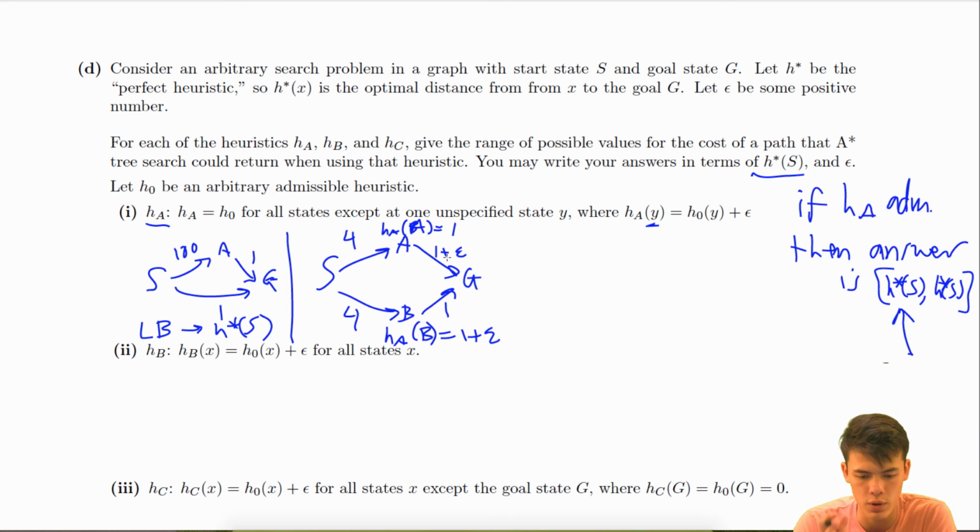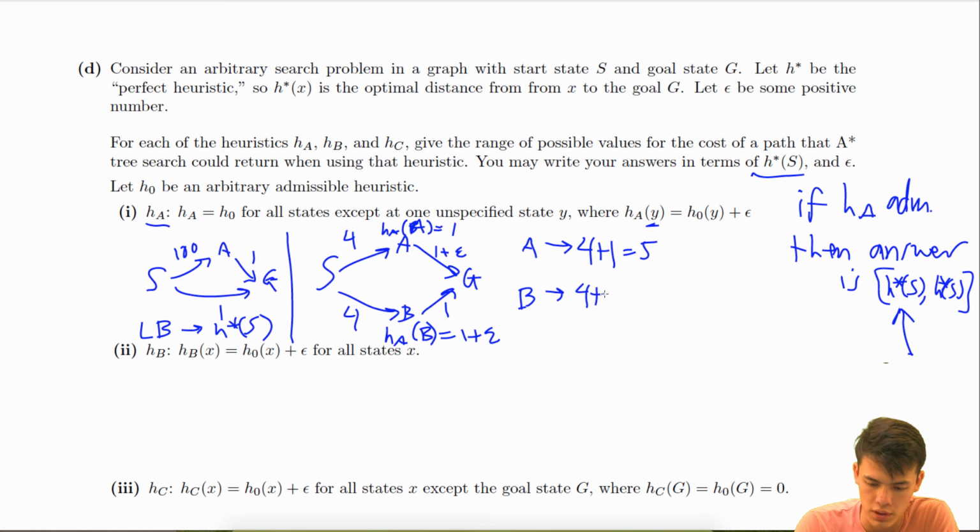Okay, so let's reason about what A star is going to do. So A star, starting from S, is going to look at A and B as its two possibilities. So it's going to add them onto the fringe. For A, it's going to put what value? It's going to do 4, the cost to get to A, plus the heuristic at A. 4 plus 1 equals 5. And for B, it's going to put 4 plus 1 plus epsilon equals 5 plus epsilon.